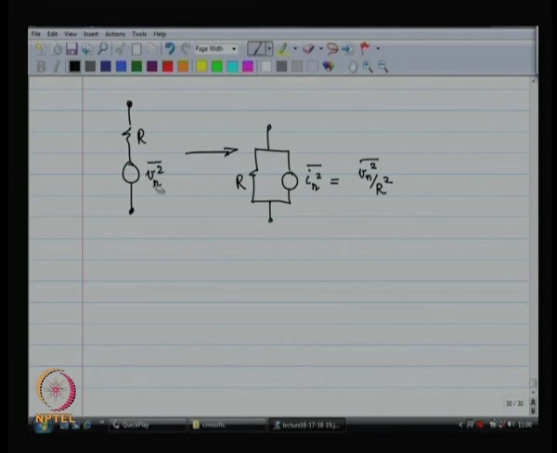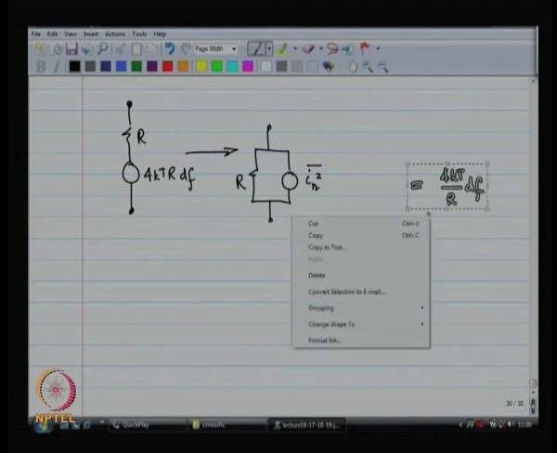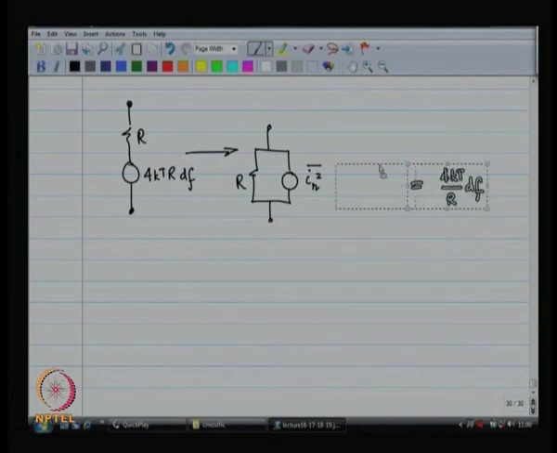If the mean squared noise voltage is 4kTR df, right.